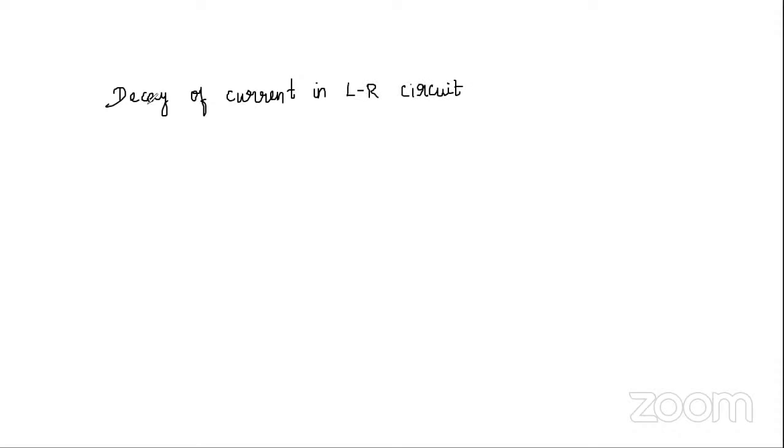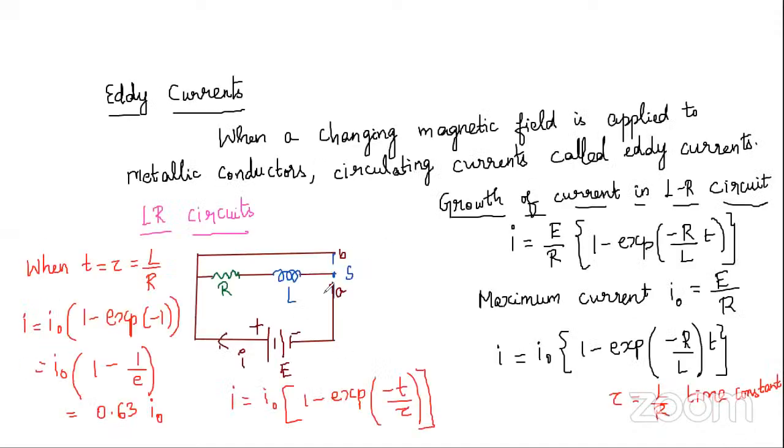So decay of current in LR circuit means, as you see from this circuit, you should consider that initially the switch S is connected to the point A for a long time, and due to that the current in the circuit tends to reach the maximum value I naught.